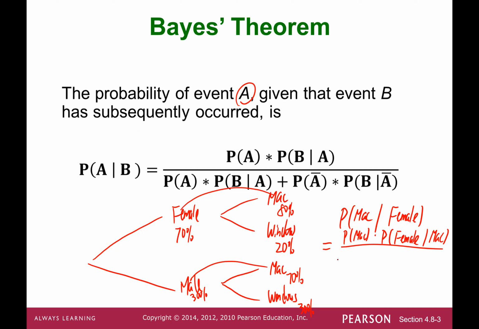And the bottom will be the same thing: the probability of Mac users times the probability of female given that it's a Mac user, adding the probability of Windows users times the probability of female who is using Windows, conditioned on using Windows.